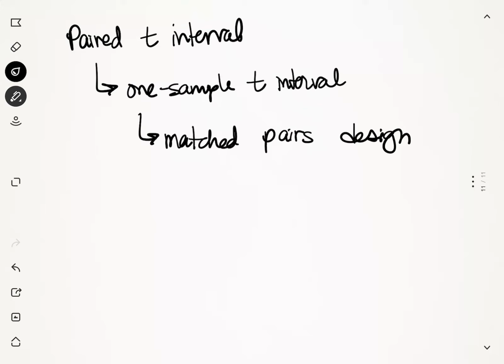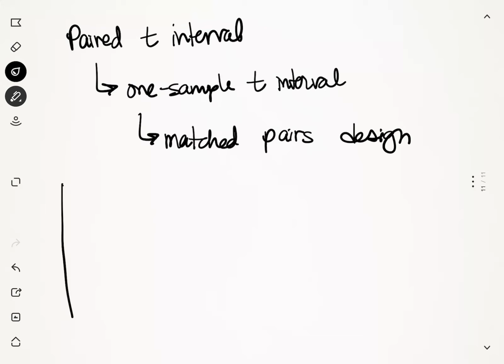So when you do a matched pairs design, you're going to have two sets of data. You want to reduce the two sets of data down to one set of data by taking a difference, okay?